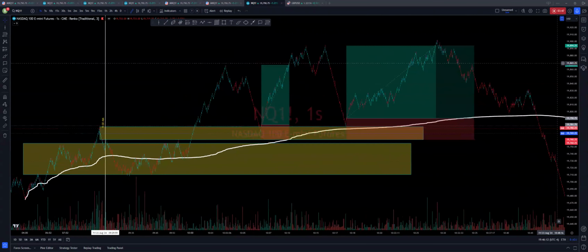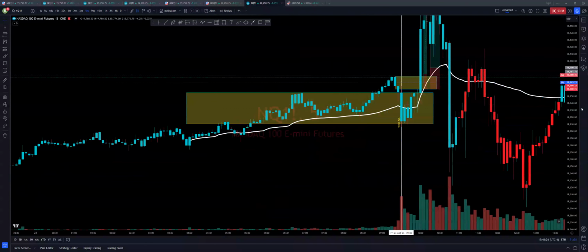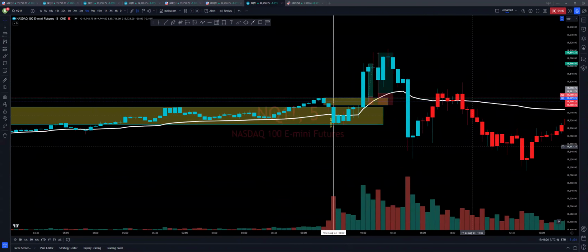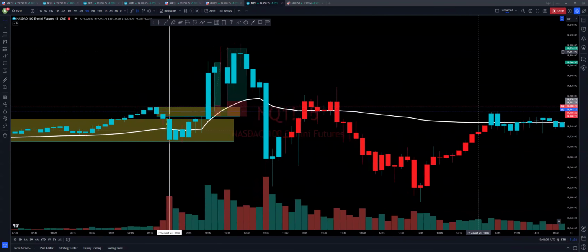Now let me show you what this would look like on, say, your 5-minute chart. We can't go lower than a 5-minute chart, guys. All right, here it is. Boom. Good luck catching those on 5-minute charts.